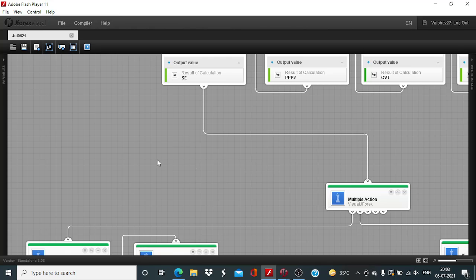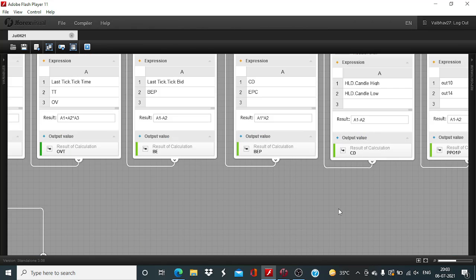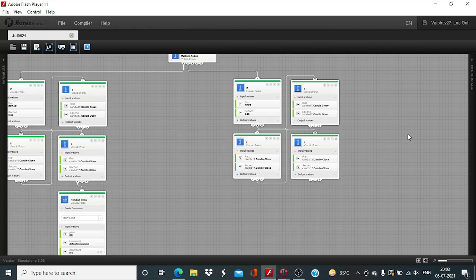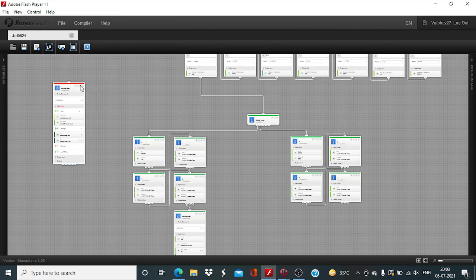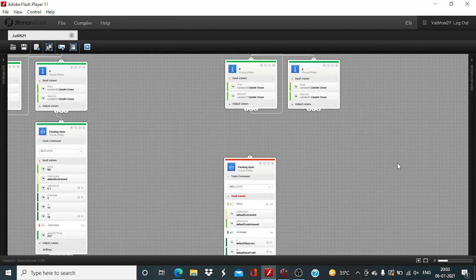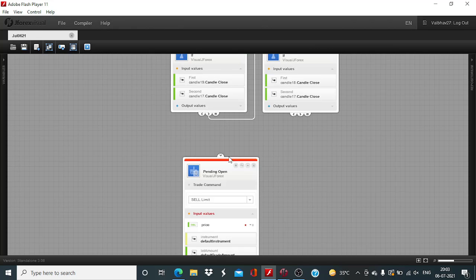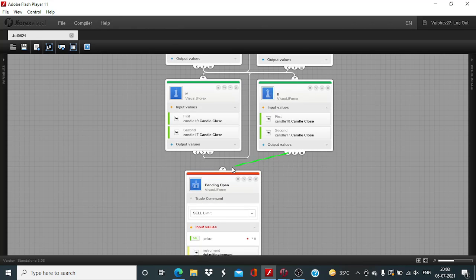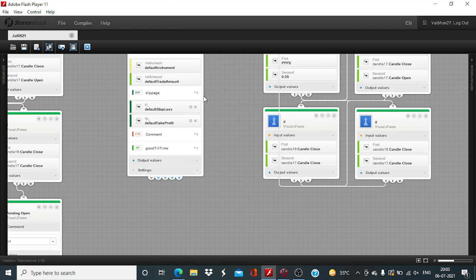And we will join it to the pending open block. First input less than second input.